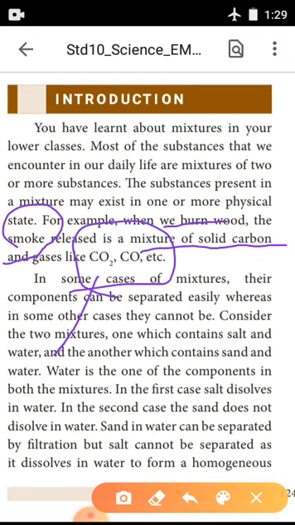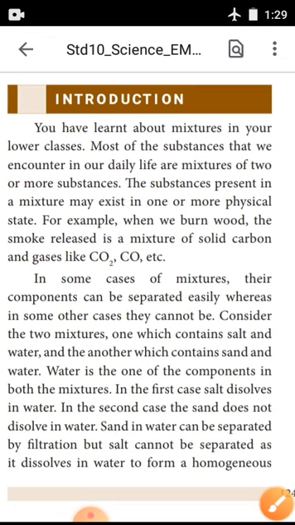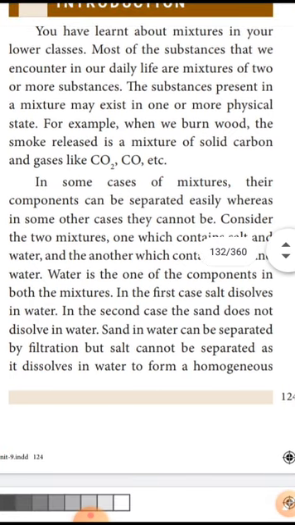That is carbon dioxide. So when you burn wood, it releases smoke, a mixture of gases carbon dioxide and carbon monoxide, and solid carbon. So the mixture may exist in solid state or liquid state or gaseous state. Do you understand? Okay, then see the second paragraph.